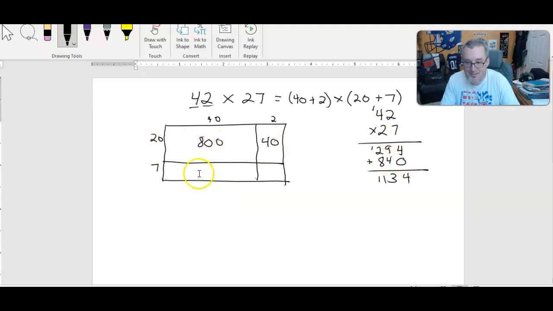All right, now down in this one, I have a 7 times 40. Now, can you imagine 7 rows, 40 columns? I would have 7 rows of 40. That would be 280. And then this last one over here is a 7 by 2. 7 by 2 would be a 14. 280 and 14 is 294.